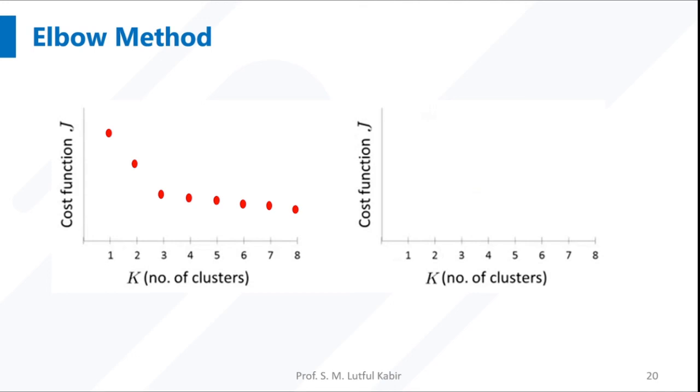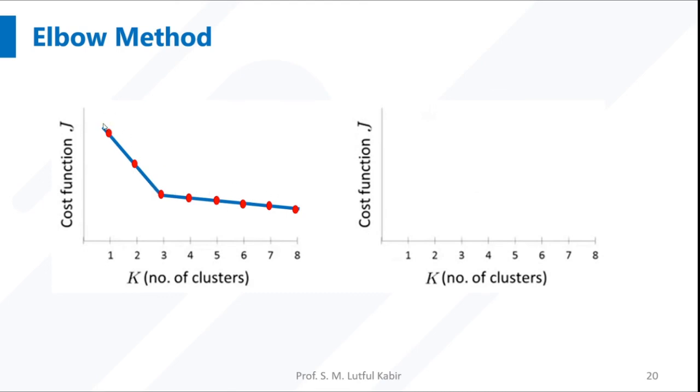So these are the values that you may have obtained from your particular problem. For certain k values, for example, for 1 the cost is that point, for 2 the cost is that point, and so on. If you join them together, you may approximate these points with a straight line.